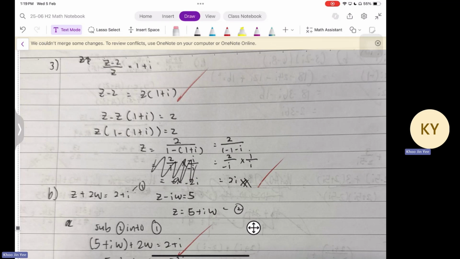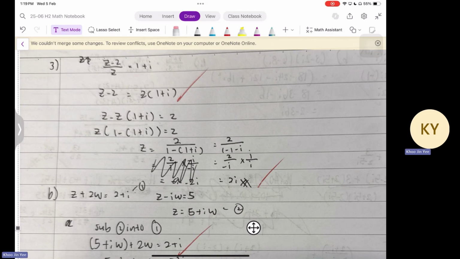Then you divide, so it will be 2 divided by negative i, and you get 2i. Rationalize, you get 2i, or you use GC. The question never says do not use a calculator. So technically, the objective is to simplify this and make z the subject, and you can use GC to help with this.